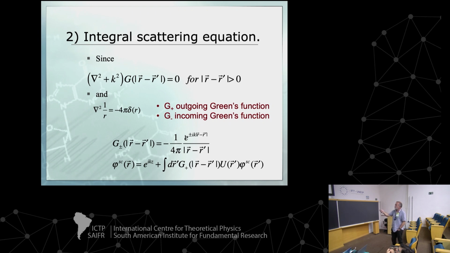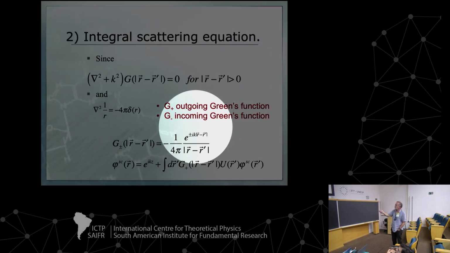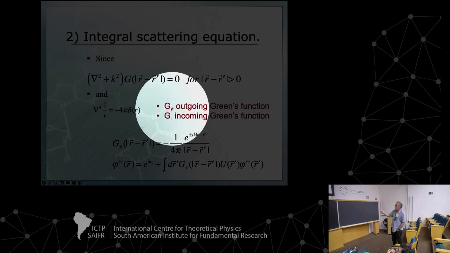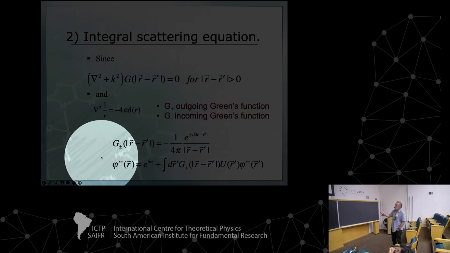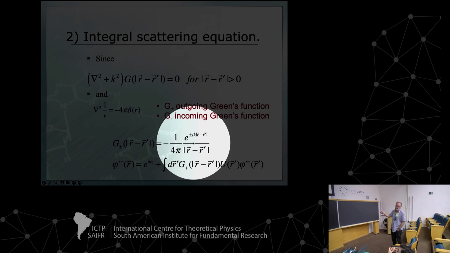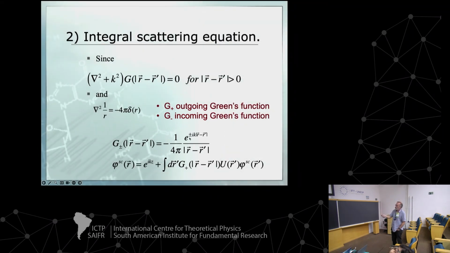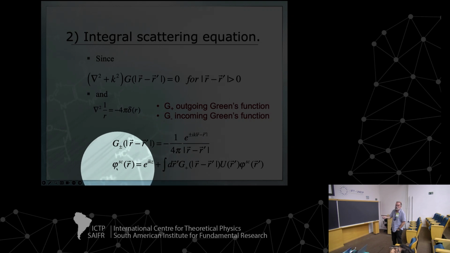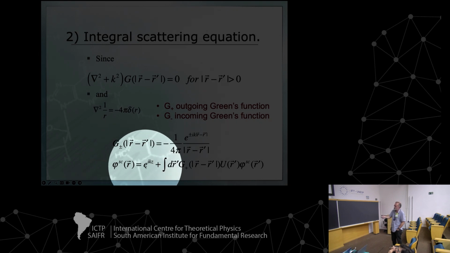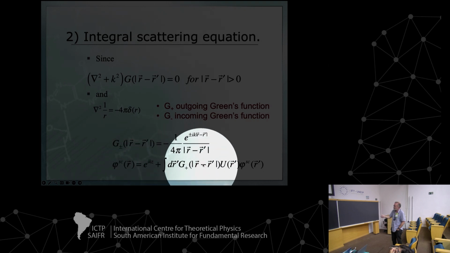With this, you end up obtaining two Green functions. An incoming Green function and an outgoing Green function, which are nothing but the spherical waves, plus and minus. And for the function that ends up after the scattering, you get the incident wave function, that is a plane wave, and this term.